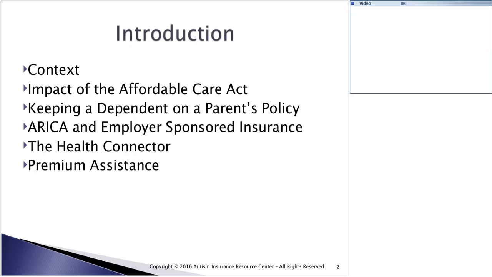I'm going to talk about that. I'm also going to talk about the Health Connector and Premium Assistance, which are various ways that people use to access coverage either alone or in combination. If there's a topic that is a burning question and you don't think it's here and you want to make sure I get to it, feel free to type it into the chat box so that I know.